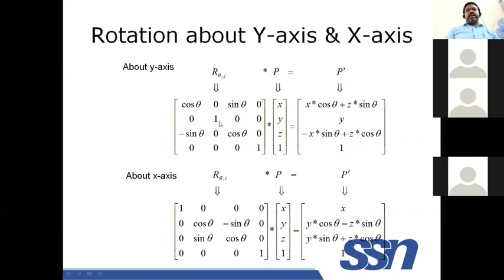You have to remember this expression for rotation angle theta with respect to the y-axis: cos theta, sin theta, minus sin theta, cos theta. Sin is going to be changing over here. Here cos theta, minus sin theta, and sin theta, cos theta, but now minus sin is appearing over here. This expression you have to remember while solving the problem. Now initial coordinates given, multiply it, you will get the required position of the point.